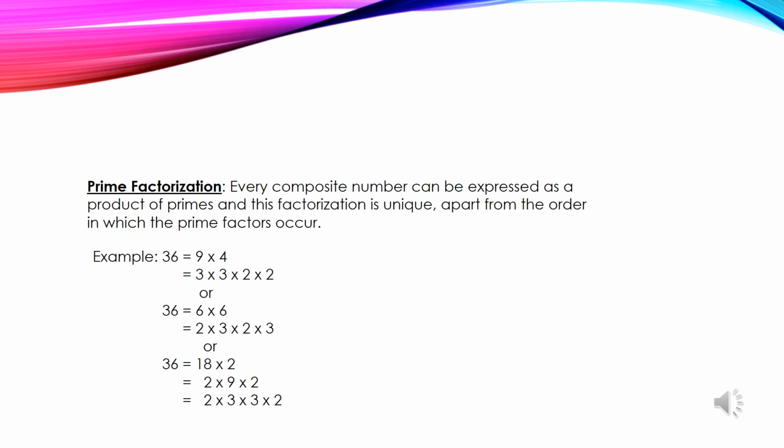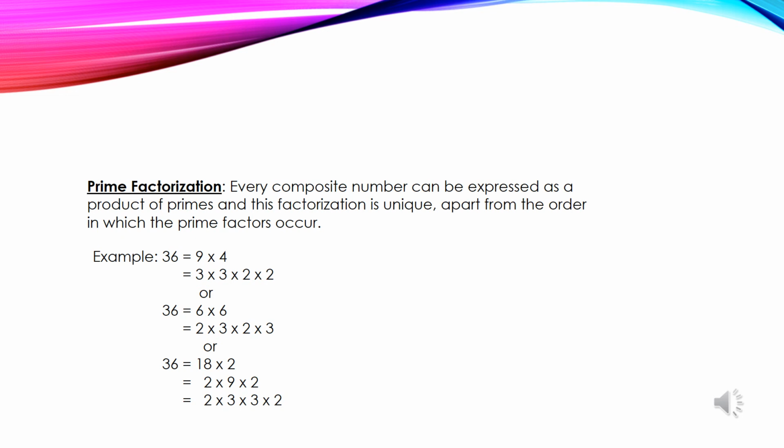Okay. Next I split that 36 as 18 into 2, and that is 2 multiplied by 9 multiplied by 2, that is 2 multiplied by 3 multiplied by 3 multiplied by 2. This is a different order. Okay. So we are splitting 36 into a product of prime factors, and I am saying that this prime factorization is unique apart from the order in which the prime factors occur.